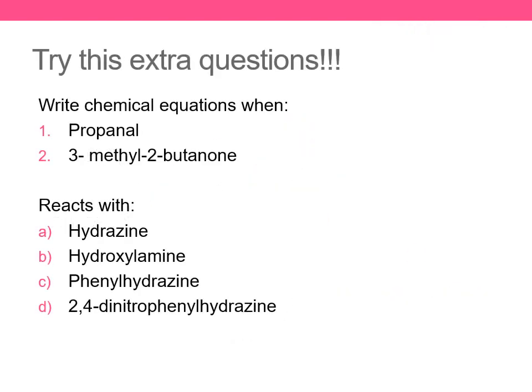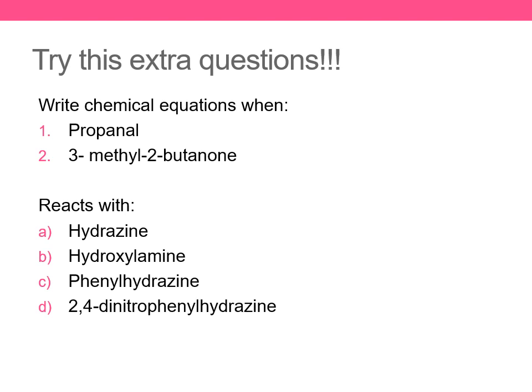Let's do these extra questions. There's no space in your course book. Let's do this on a different piece of paper or in your exercise book. Write chemical equations when propanal reacts with hydrazine, hydroxylamine, phenylhydrazine, and 2,4-DNPH. There are 4 reactions that you have to do for propanal. 4 marks for you there.